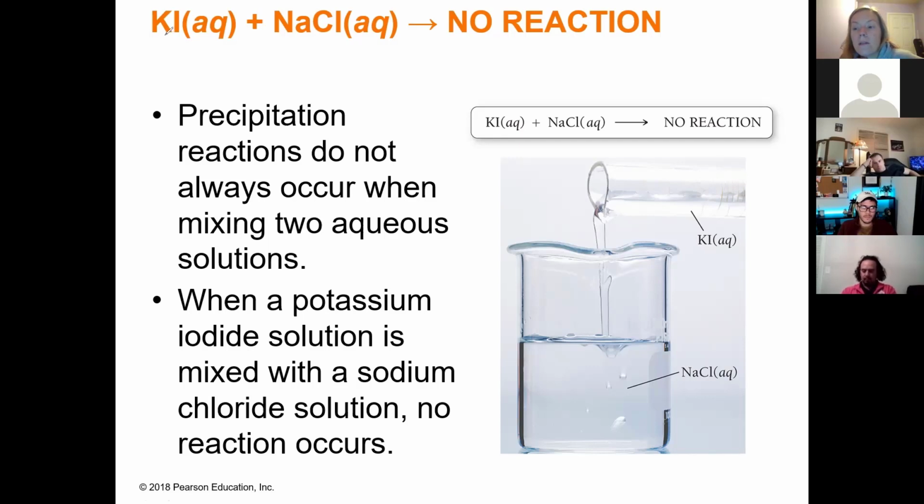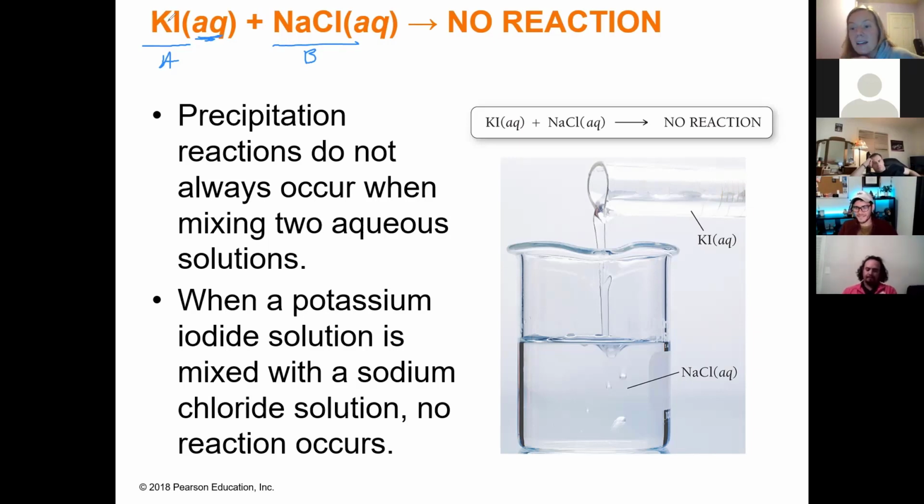So you can think of this like a dating scenario. We have couple A and couple B. They decide to go to a party together and they've had too much to drink and they break up, okay? Are the couples going to get back together? Not really, because they're aqueous. They already broke up.